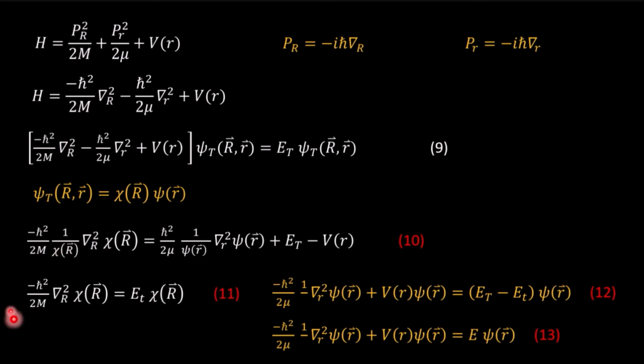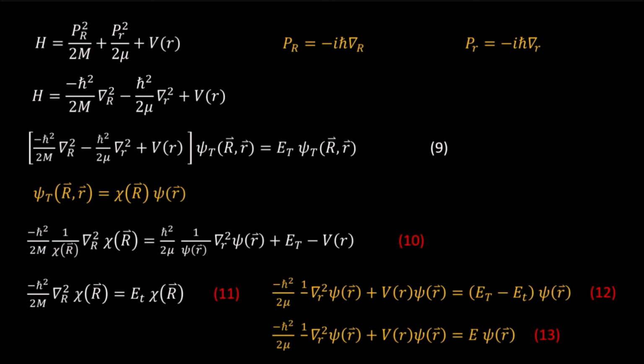One is for the motion of the center of mass of the system, and the other is for the relative motion of the system. So the problem gets simplified. Instead of solving a second order differential equation, we just need to solve two first order differential equations.